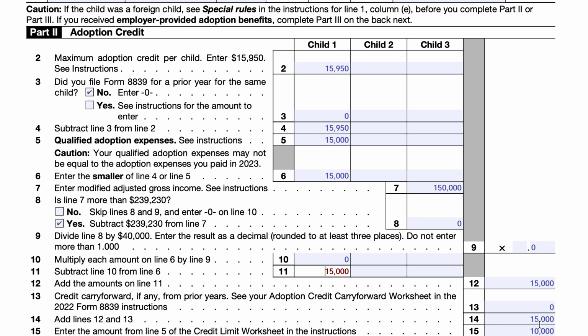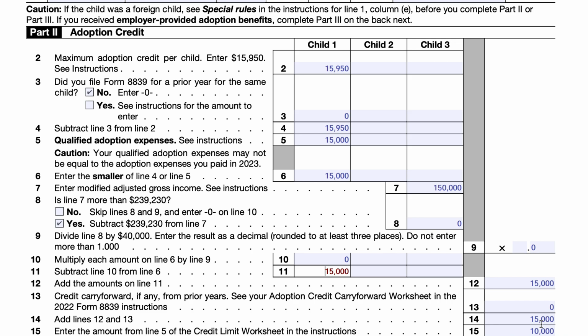And then there's another credit limit worksheet in the instructions. This basically helps us determine whether or not there are any other refundable tax credits that take precedence over the adoption tax credit. So the credit limit worksheet in any form basically says that for a tax credit, there are certain other tax credits that take precedence, and if those tax credits bump this one down, then you may not be able to claim the entire credit in the current year.